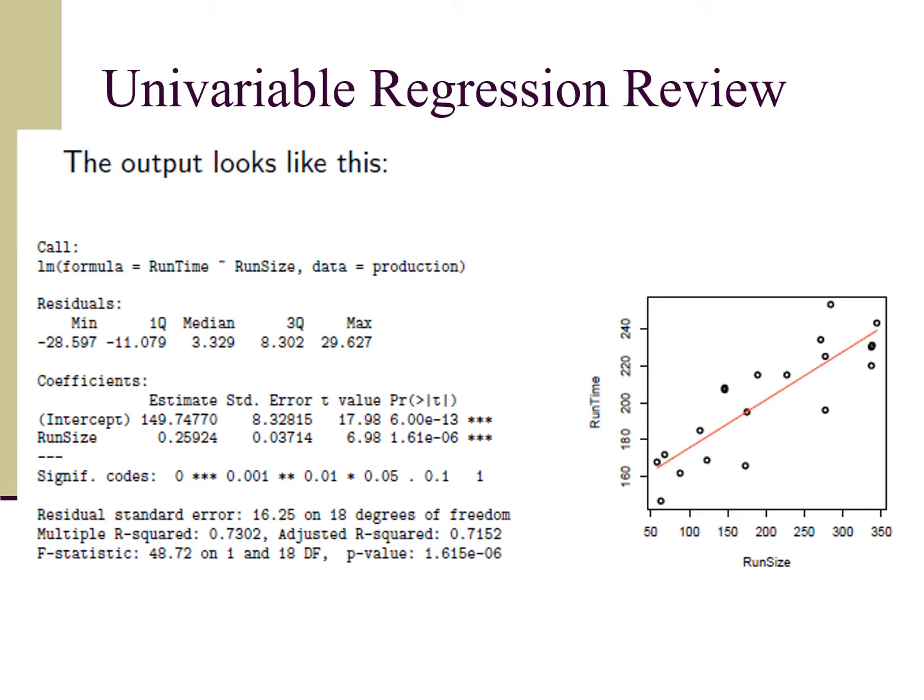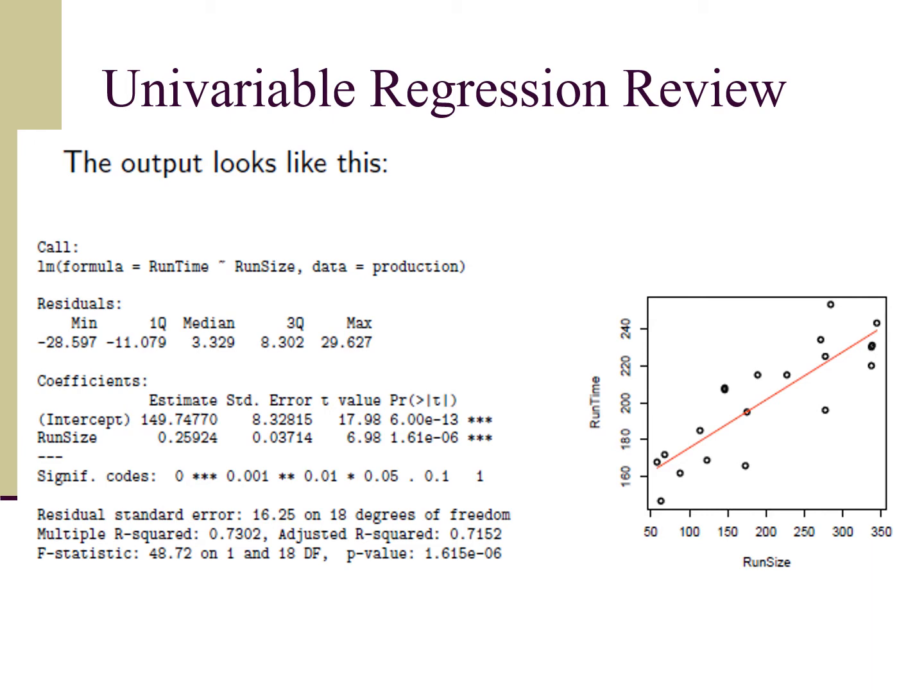And the output will look something like this. So what this says is that if you look down at the coefficients, the best estimator of the runtime is 149.75 essentially. So there's some intercept.